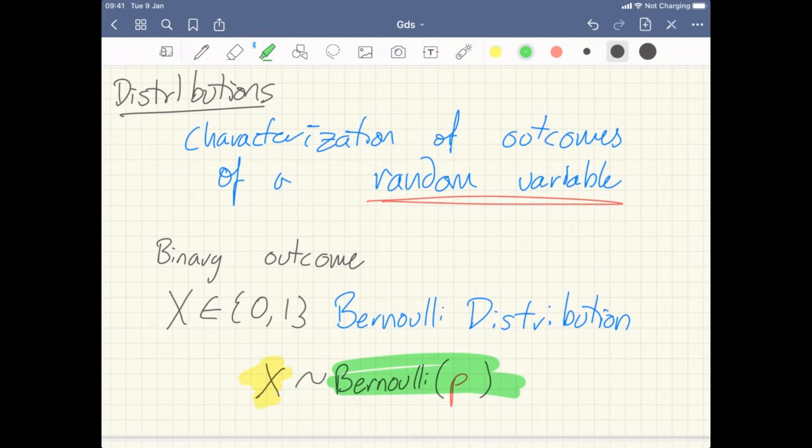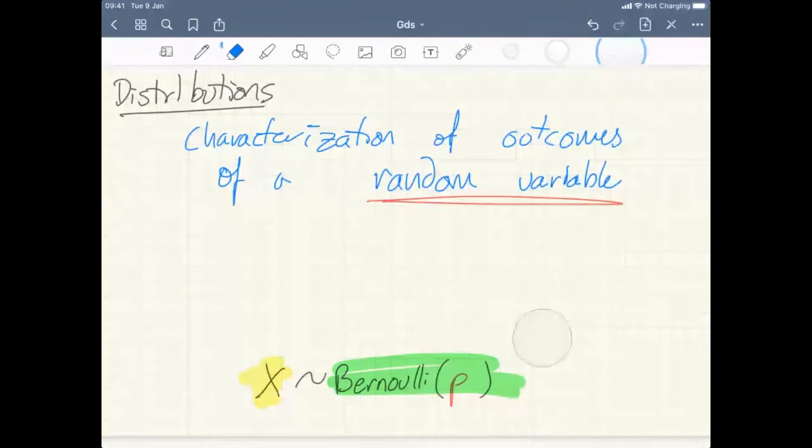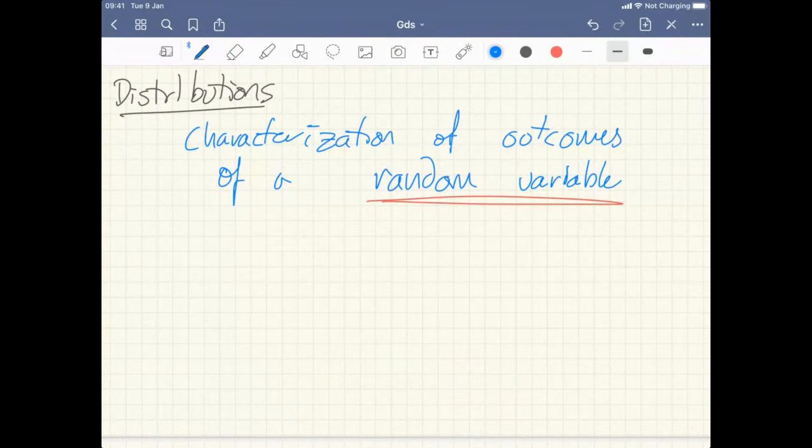And in the Gelman reading, he talks about this. So x is a realization, and its distribution describes what types of realizations we're likely to observe. So the Bernoulli distribution is extremely simple. It just has x that takes on these values, and that's it. Now, another distribution that we've worked a lot with is the normal distribution.